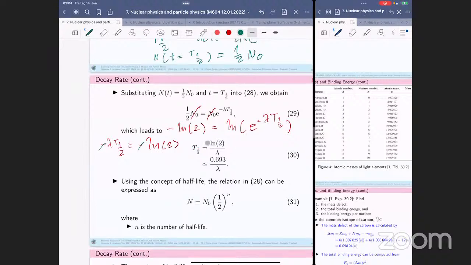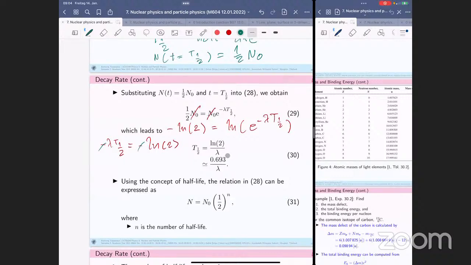After entering ln 2 in the calculator, you're going to get 0.693. That's the approximation of ln 2.